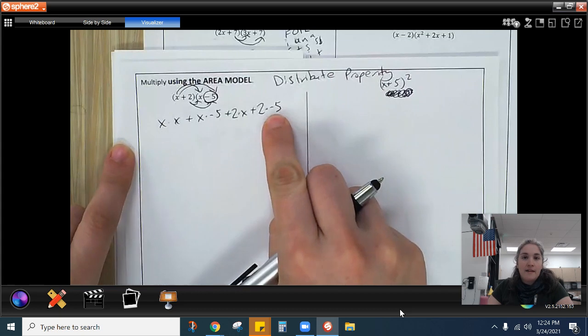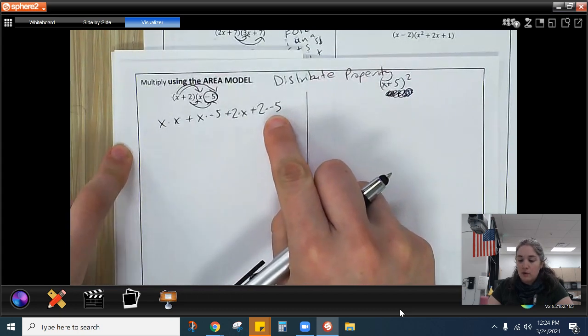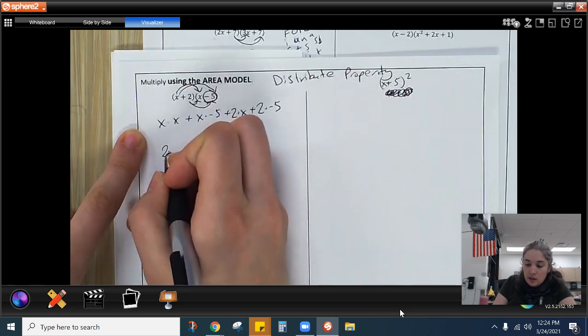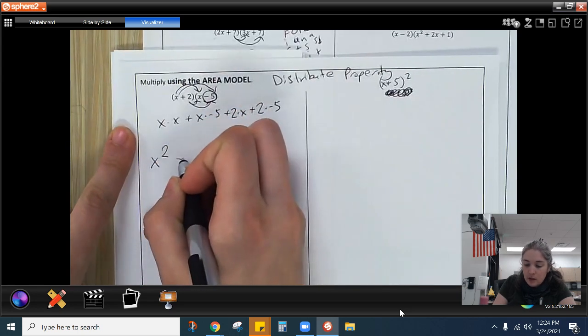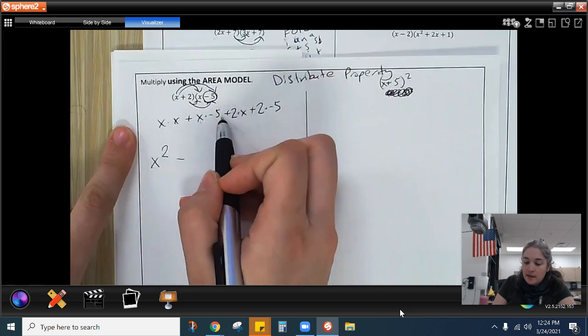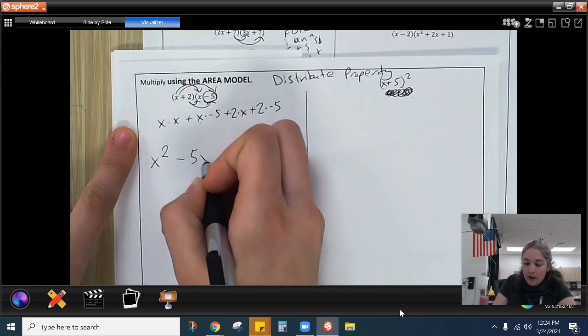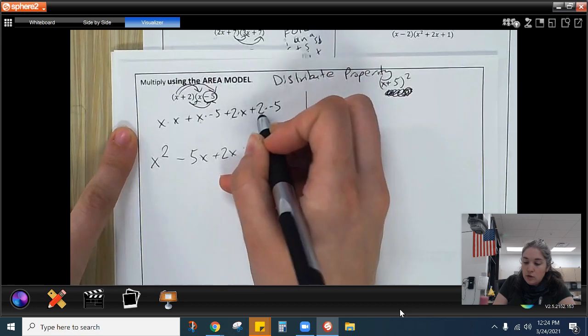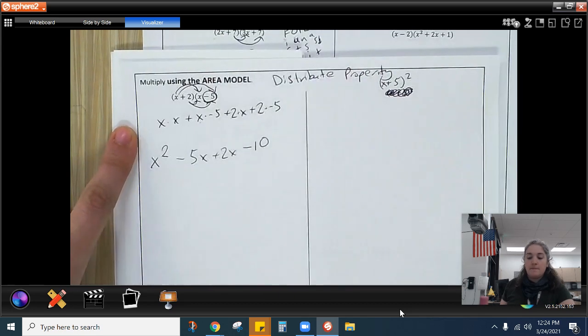So just tack on that negative there, like a purse or some accessory for the 5, right? So x times x is x squared. And then I've got plus x times negative 5, which is negative 5x, plus 2x. 2 times negative 5 is negative 10.